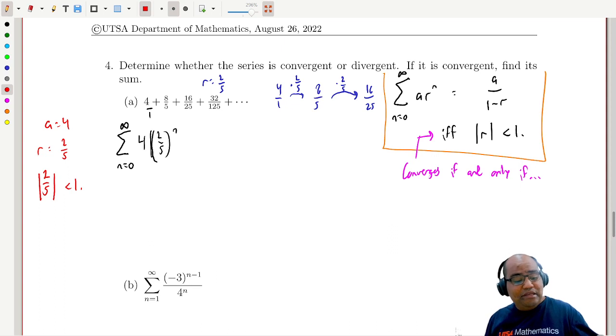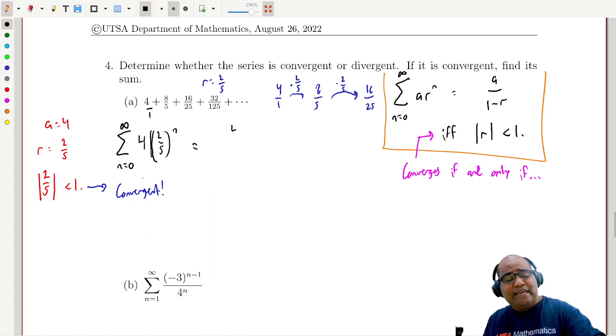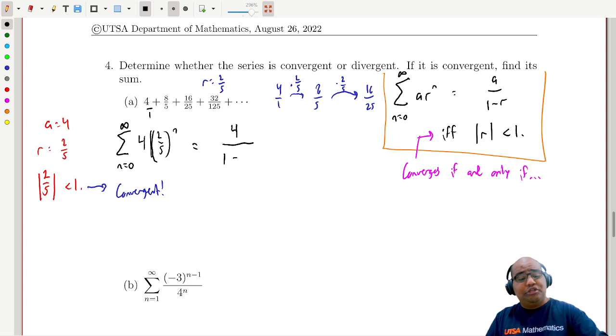2/5 is smaller than 1. So this sum converges. But what does it converge to? Well, let's first make a note here. This is convergent. And so how do we find the sum? Well, we apply our formula here in the orange box. So we have the first term, which is a, 4, over 1 minus the common ratio, 1 minus 2 over 5.